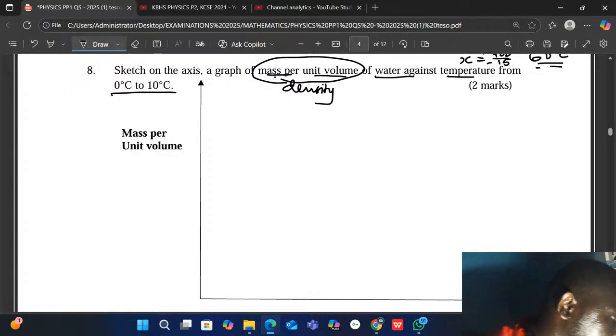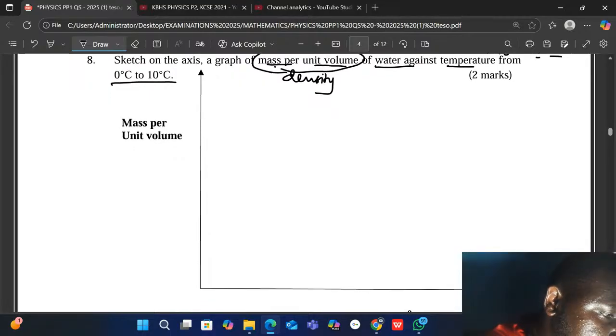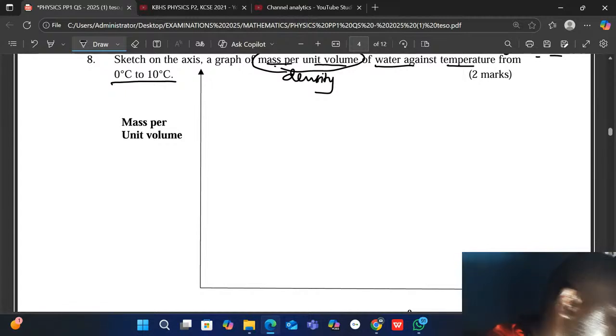We know normally water has what we call the anomalous behavior, especially at 4 degrees Celsius. Therefore, we expect to have the maximum density of 1 gram per cubic centimeters at 4 degrees Celsius.